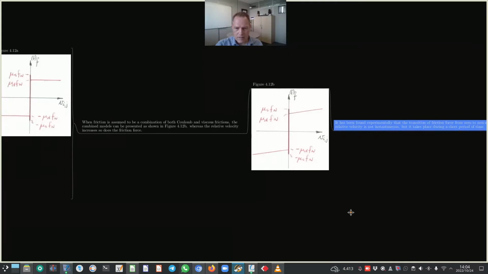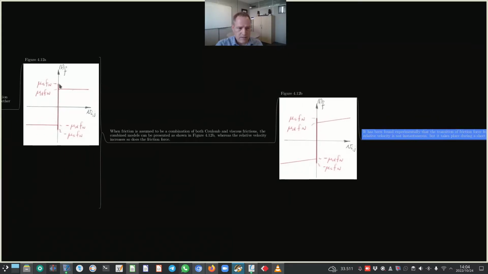Okay, and just to explain that, this is this transition over here, this portion over here, from positive mu s Fn to positive mu d Fn, and also the transition from minus mu s Fn to minus mu d Fn. Okay, and this instantaneous transition is also depicted here in figure 4.12b.